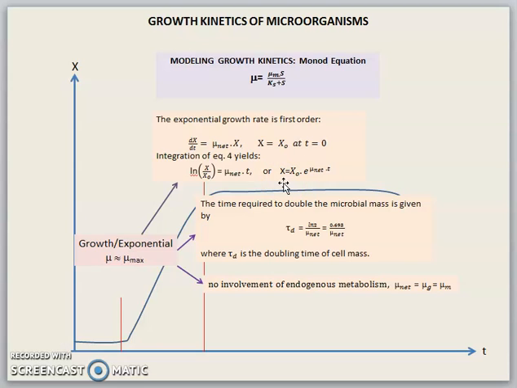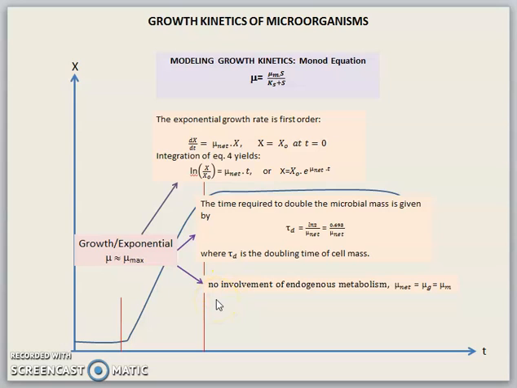The time required for the microbes to double is given by tau d, the doubling time of the cell mass, which equals ln 2 over mu net. You can determine the doubling time by using this equation. We're talking about mu net here.